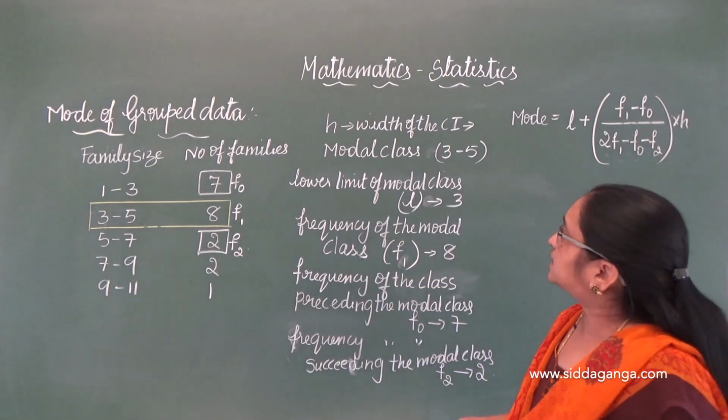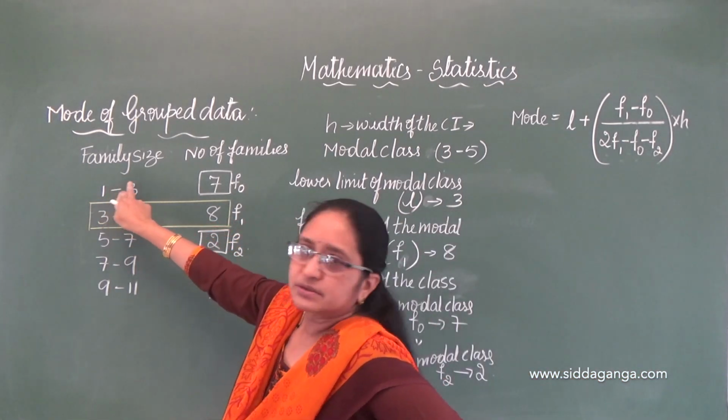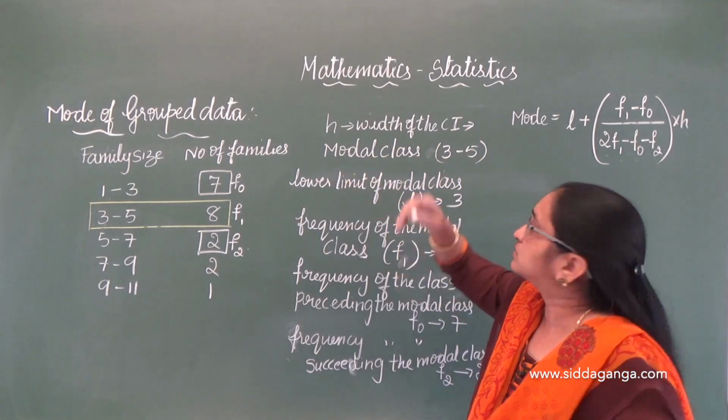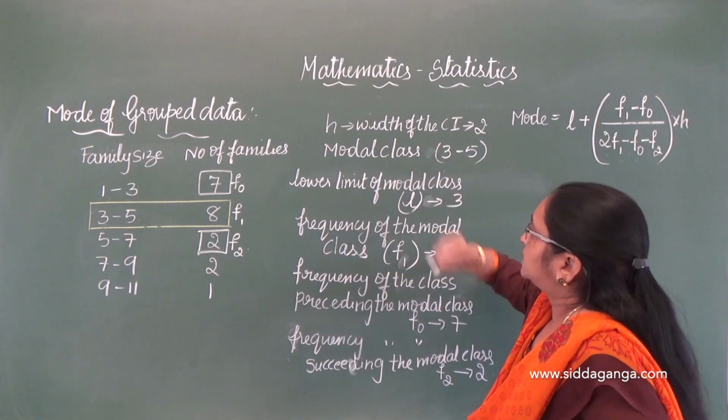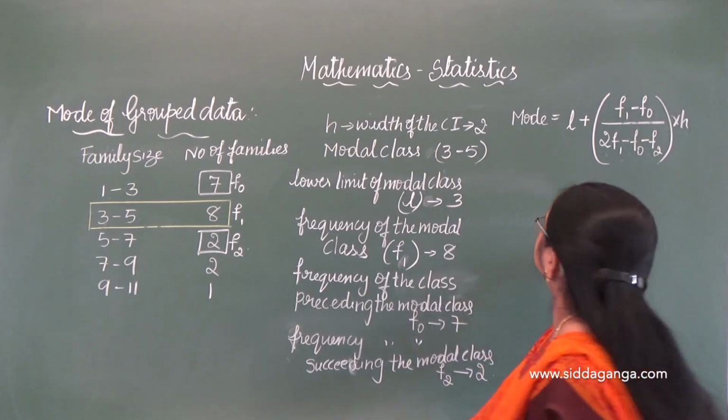It is 2, that is 3 plus 1 by 2, that is 4 by 2, which is 2. Now you got all the values of this formula, now you have to substitute them, that's it.